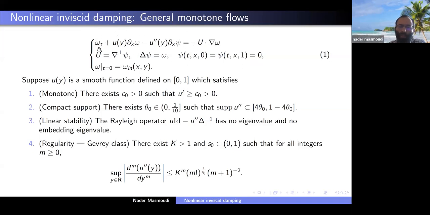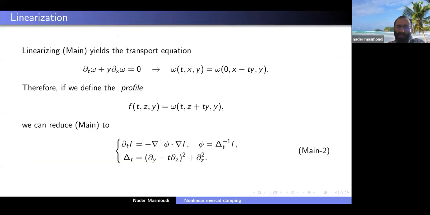Of course, now when one looks at this, this is no longer as simple as what we had here. In the case of Couette, this was the linearization, and you solve it in just one line.